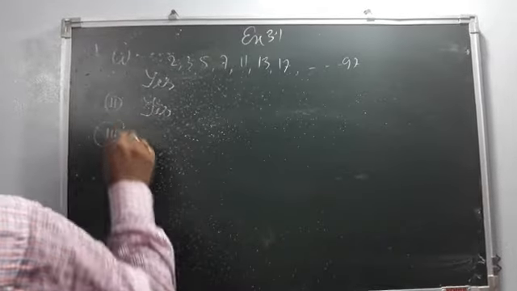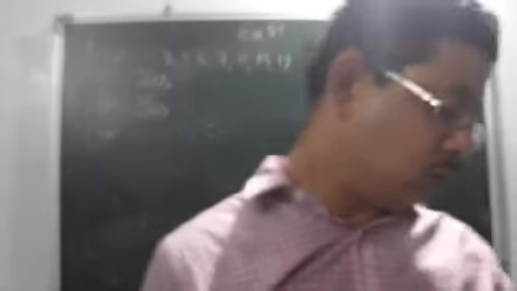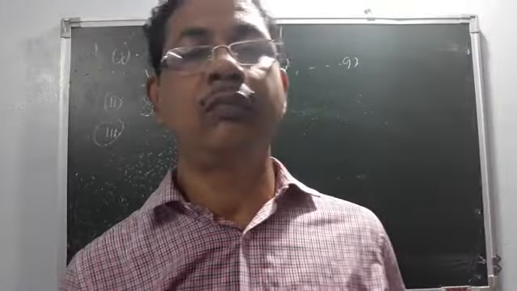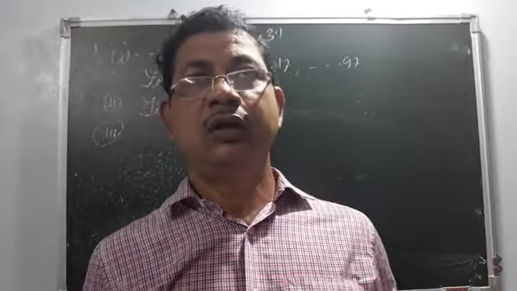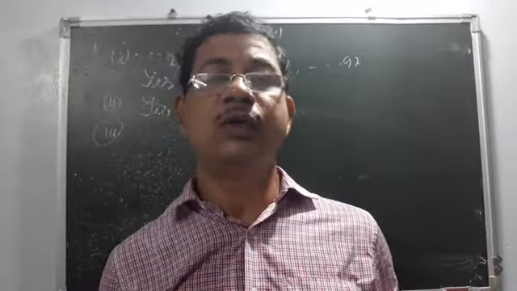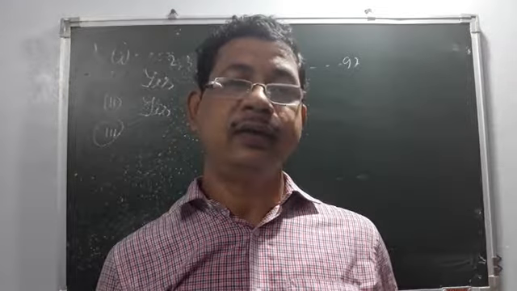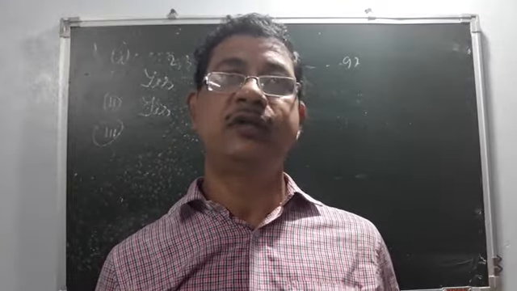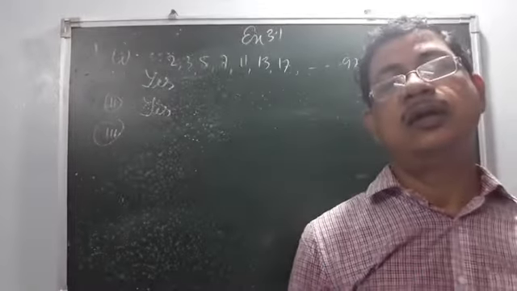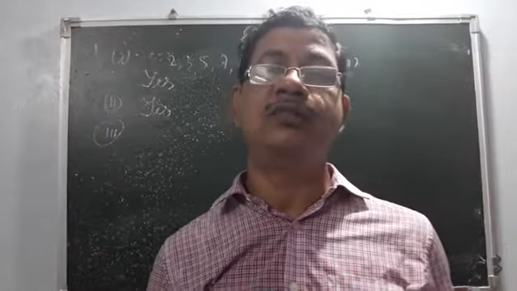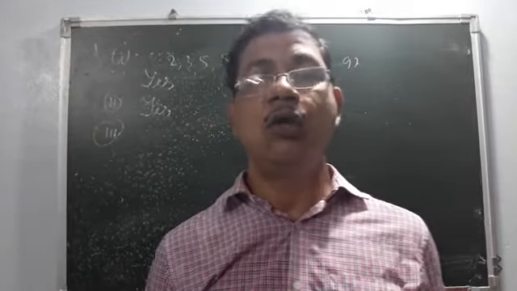Now question number 3: all long rivers of the world. Is it a set? Long means how long? That is a question mark. If I say a river's length is more than this many kilometers, then it will be exact. But if I say long, who will define long and short?